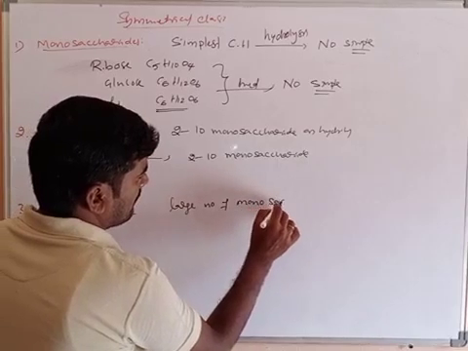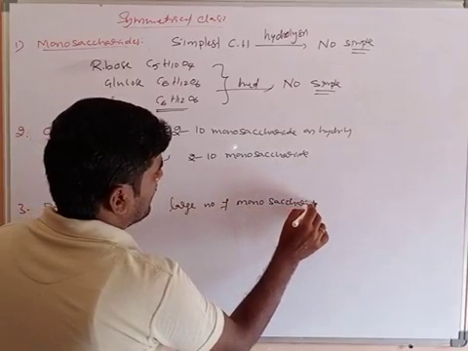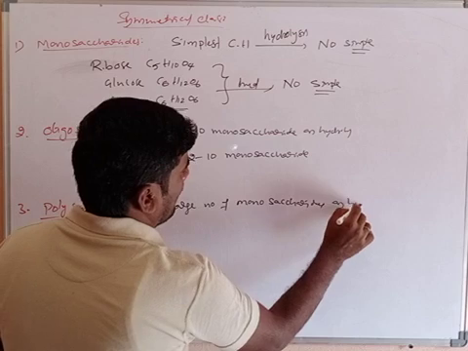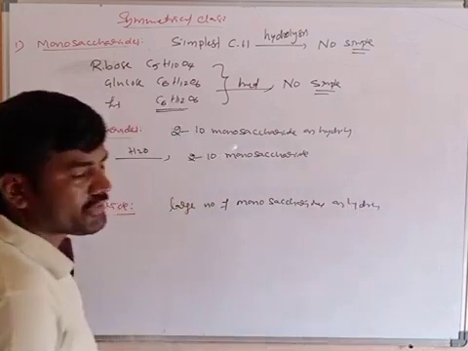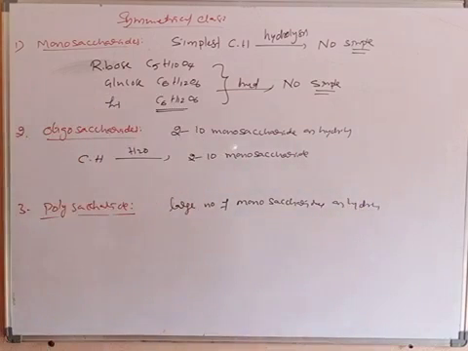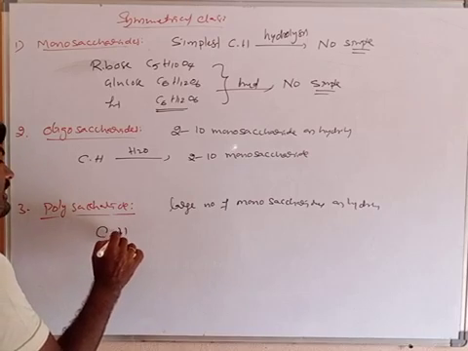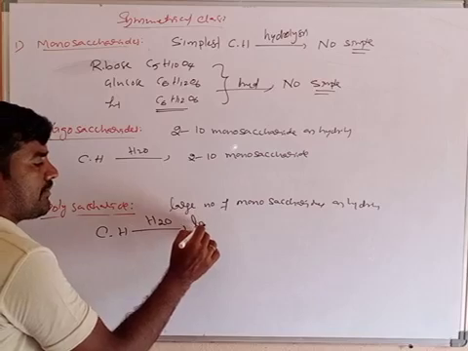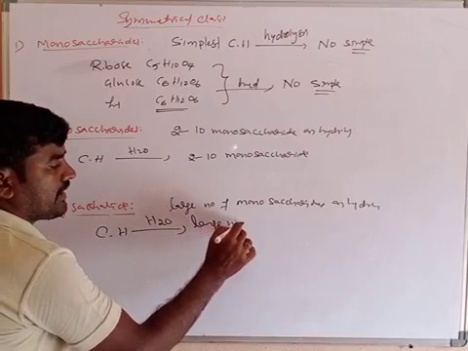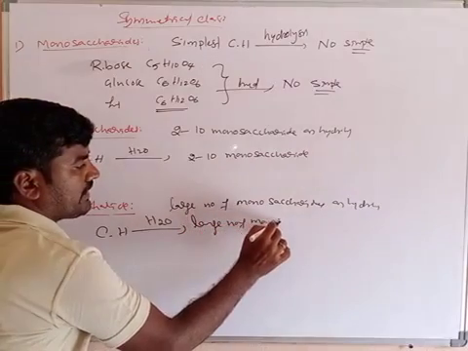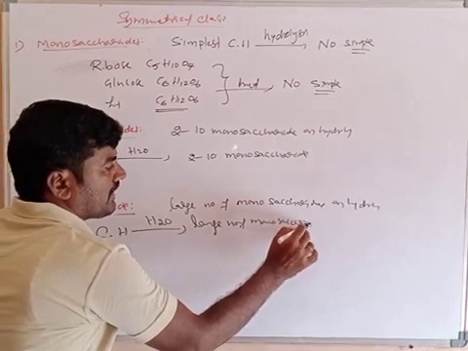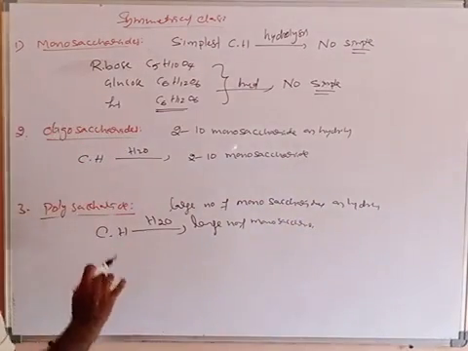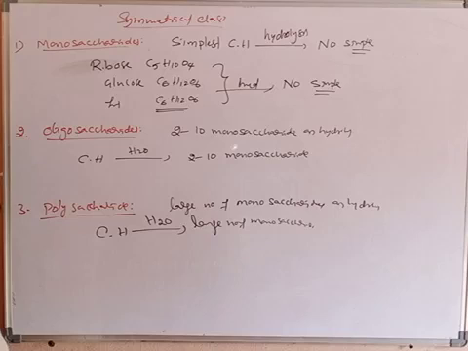For example, this is a carbohydrate that on hydrolysis produces a large number of monosaccharides. This is called a polysaccharide. This is the classification based on the number of monosaccharides.